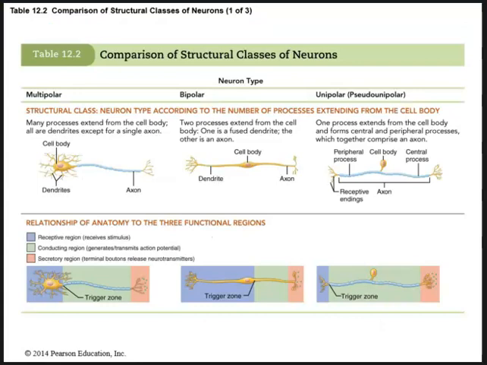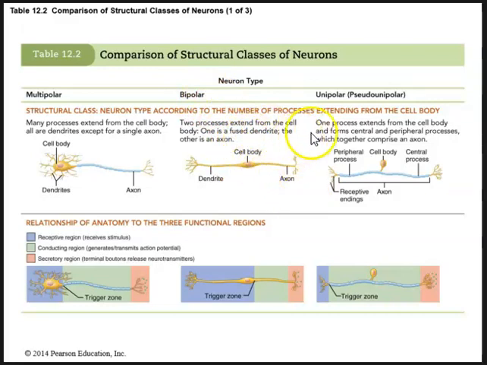So this next slide actually allows you to see in a table a comparison of the structural classes of neurons. So you have multipolar again, many processes, so many dendrites and one long axon. And then you have the bipolar neuron that has two processes extending from the cell. One is a fused dendrite and one is the axon.